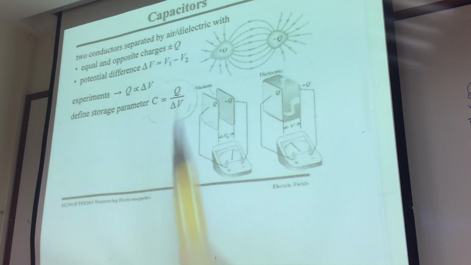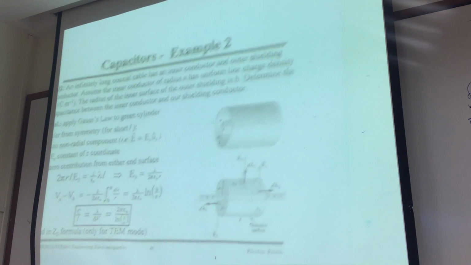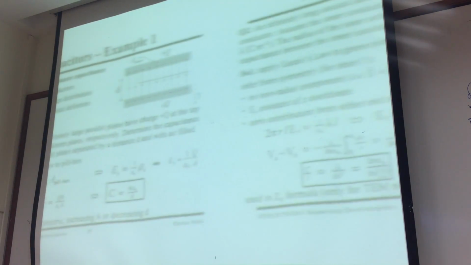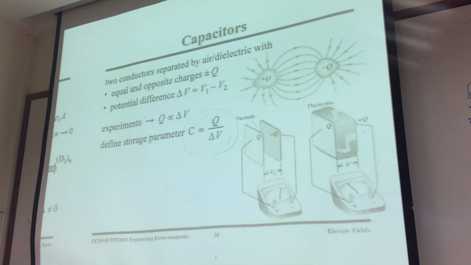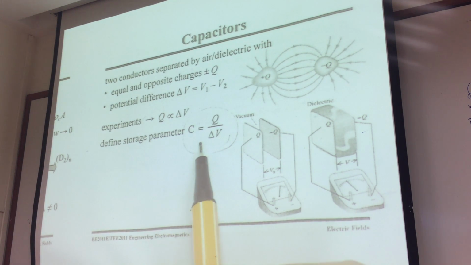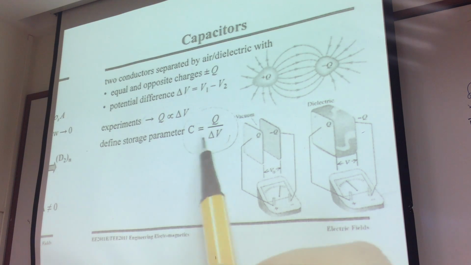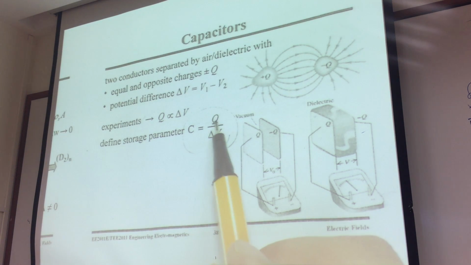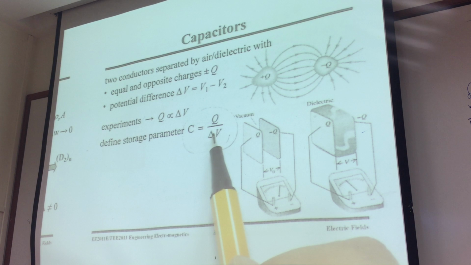A lot of examples are based on this equation. So when you do a problem that asks you to calculate capacitance, first find the Q, second find the delta V. Okay?